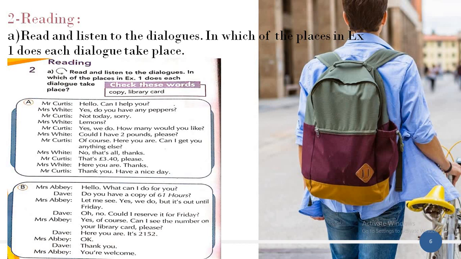Let's move to dialogue B. Hello. What can I do for you? Do you have a copy of 61 Hours? Let me see. Yes, we do, but it's out until Friday. Oh, no. Could I reserve it for Friday?